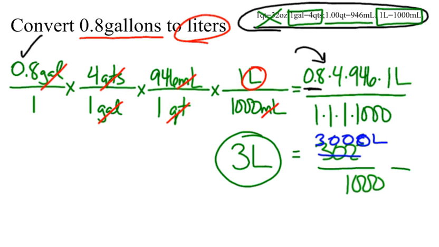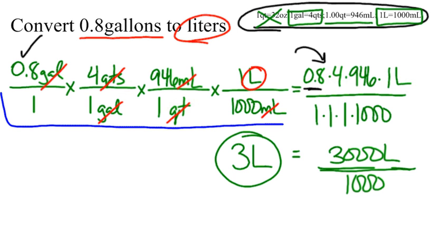So now, where I am assigning points. I went ahead and changed that last part of the equation so it'll be nice and easy to see where our points are. You're going to get 1 point for giving me the initial setup. And then you are going to get another point for crossing out the units and circling the unit that you have left.